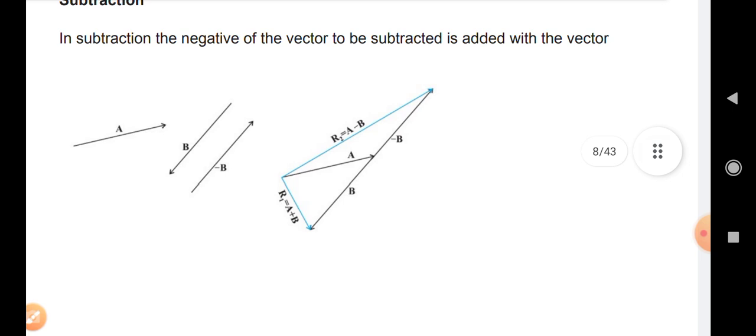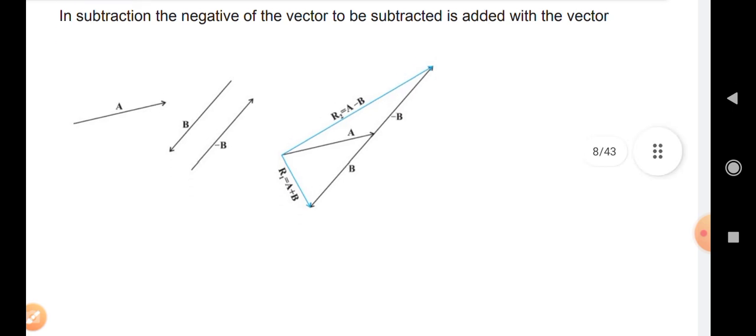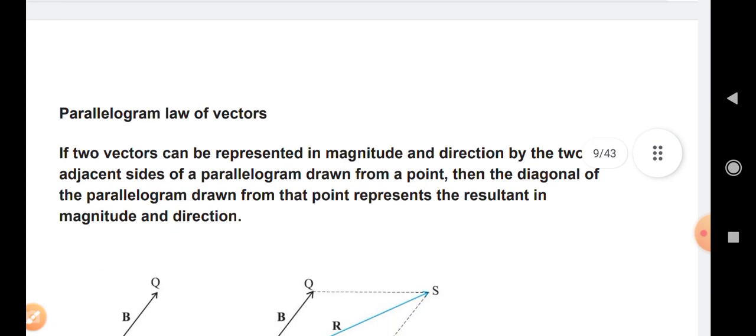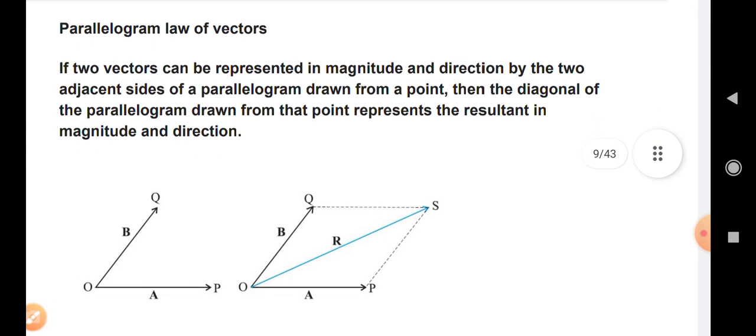Subtraction: the negative of the vector to be subtracted is added with the vector. Parallelogram law of vectors. If two vectors are represented in magnitude and direction by the two adjacent sides of a parallelogram drawn from a point, then the diagonal of the parallelogram drawn from that point represents the resultant in magnitude and direction.